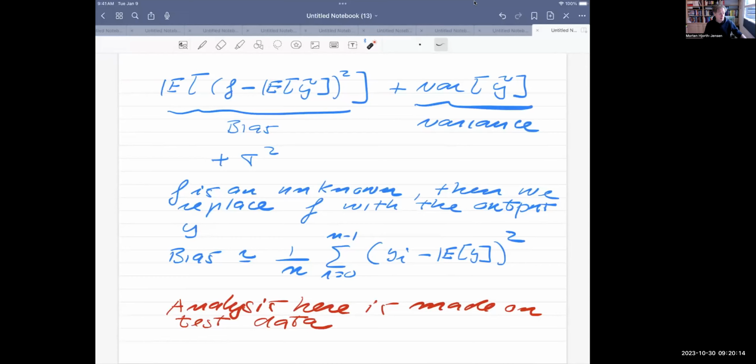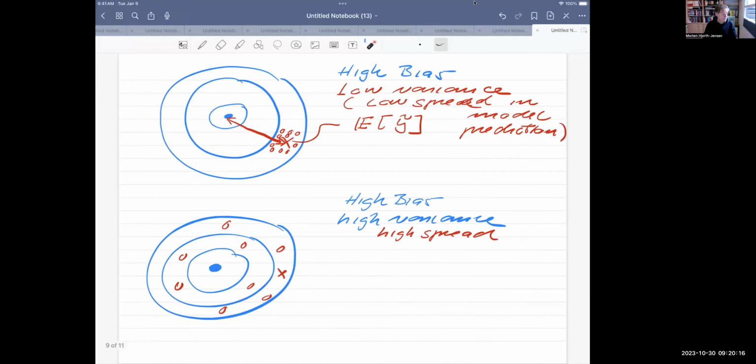So the way we can think of this in a pictorial way is that if we have a high bias, then there is a large deviation between the mean value of the prediction from the model and the data point which we want to reproduce. If we have a high variance, it means that we have a high spread in the model predictions.